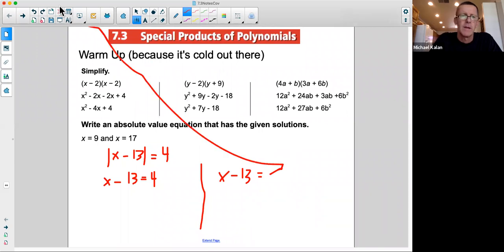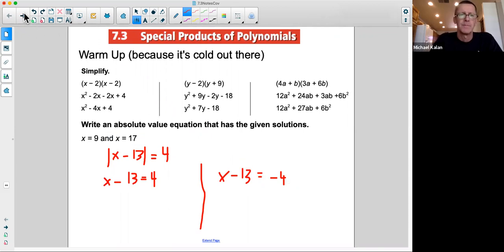I don't know why that does that. That's so annoying. It's like it freezes or something. Negative 4. Okay, and then you can see that if you solved each of those equations to check your work, if you added 13 to 4, you get 17. If you add 13 to negative 4, you get 9.